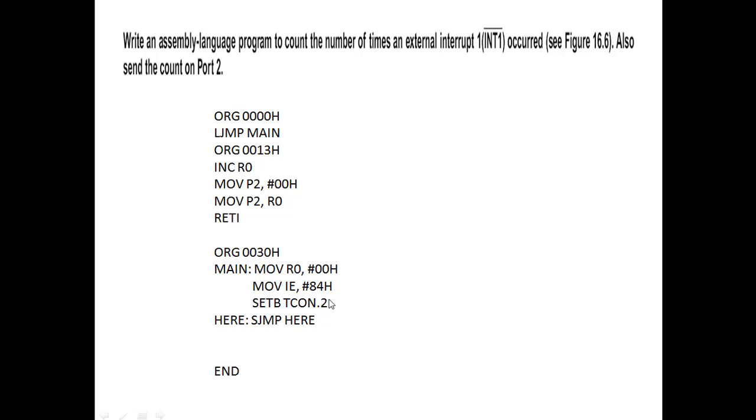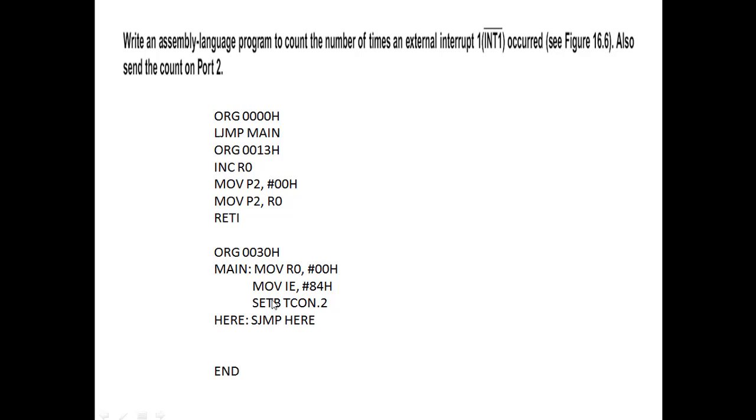Once we set it to 1, it has become negative edge triggered. After setting this, I write SJMP here, means wait here till the interrupt occurs.